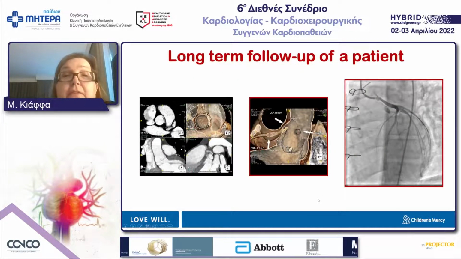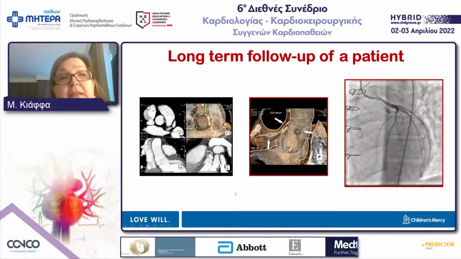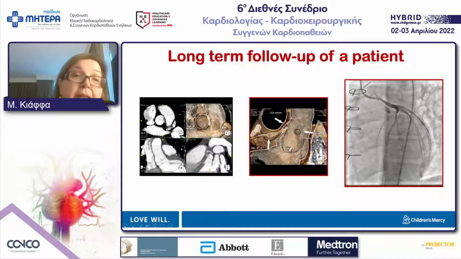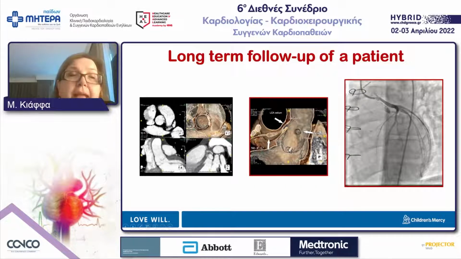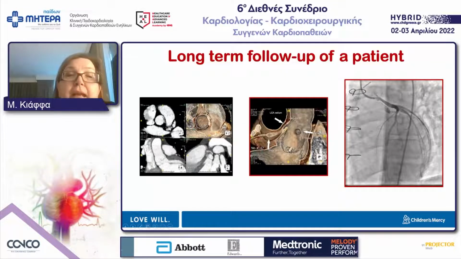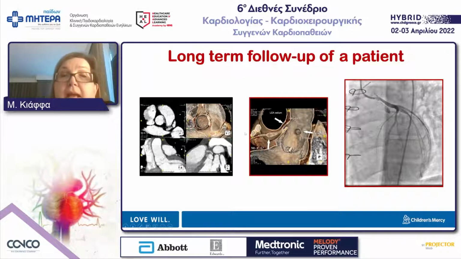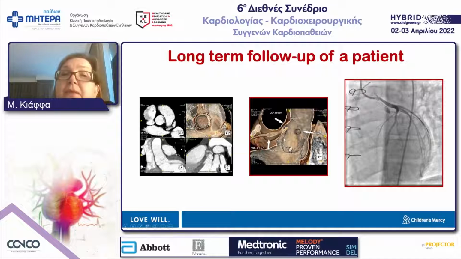Are the results always good? Not always. Here's another patient that we saw in 2016, who had a syncopal event during exercise, and you can see here the MPR of his CTA, and you can see the long intramural segment of his left coronary artery. And this is in 2017 when he presented with SVT.